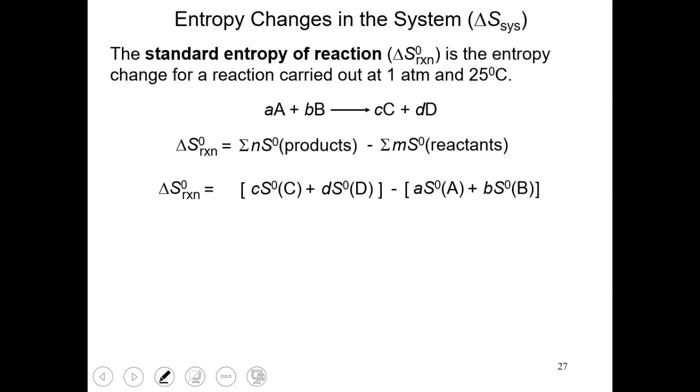But remember, this is, like it says here in the middle, the summation of the total entropies of products minus the summation of the entropies of reactants, adjusted for the number of moles according to the stoichiometric coefficients in the balanced chemical equation. So let's do a little practice here.